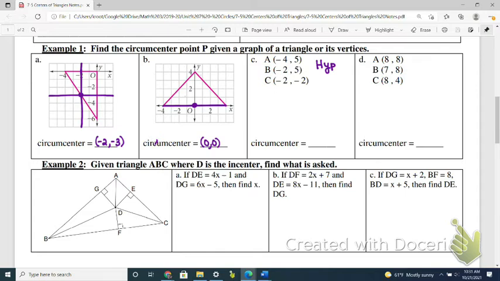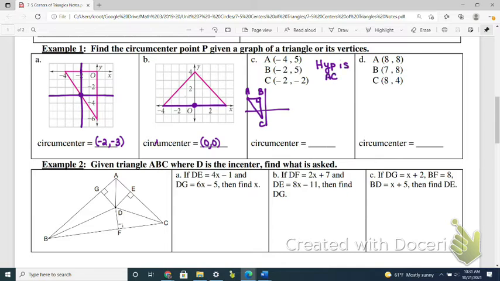So if I sketch it out, I have -4, 5, that's at A. B is -2, 5. And C is -2, 2. So where is my hypotenuse? It is the line AC.